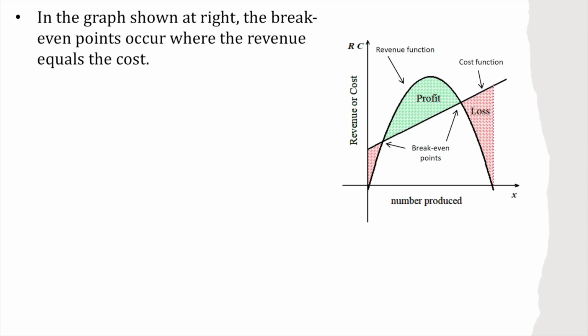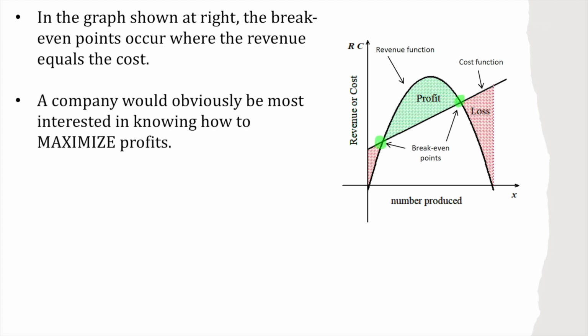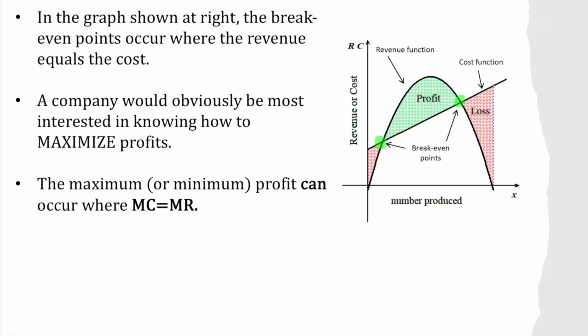This is another graphic representation of this. In the graph shown at the right, the break-even points occur where the revenue equals the cost. A company would obviously be most interested in knowing how to maximize profits. The maximum, or minimum if it's not going well, can occur where MC equals MR. In other words, the cost margin equals the revenue margin, or the slope of the cost equals the slope of the revenue.